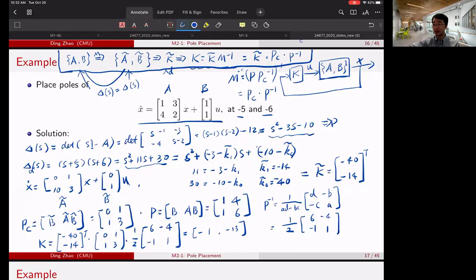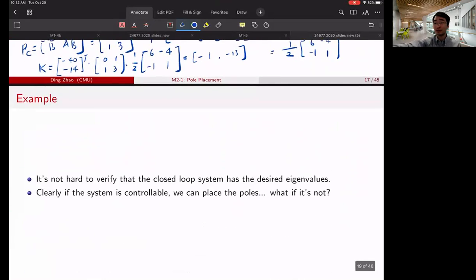So one question is, what if this system is not controllable? Then the first step will break. So here is an example.